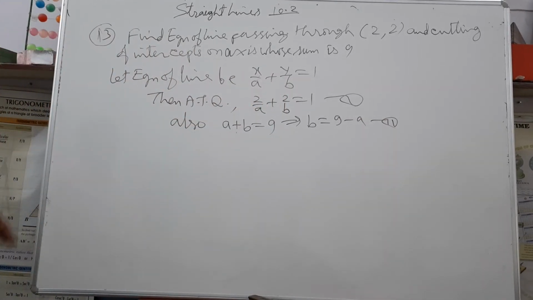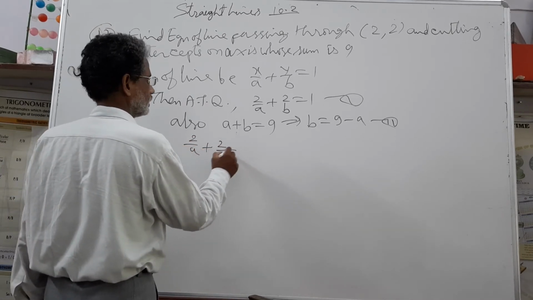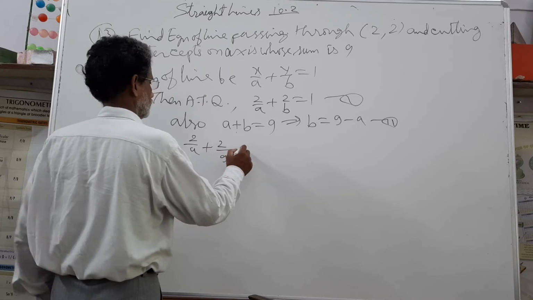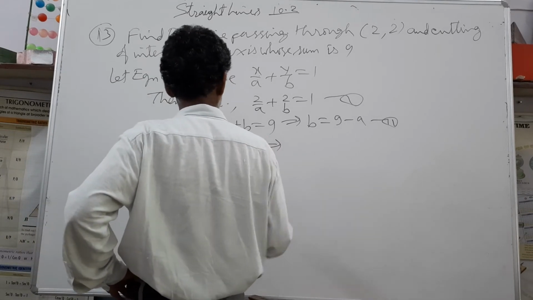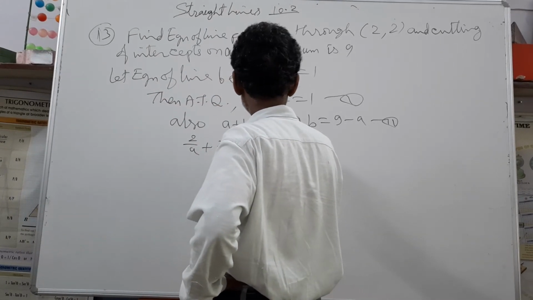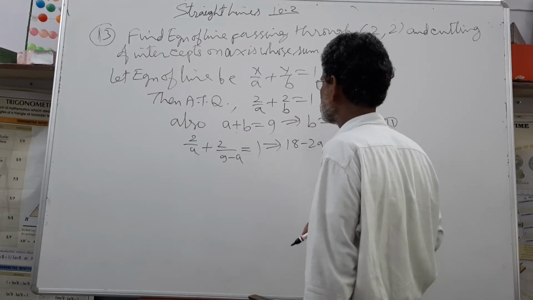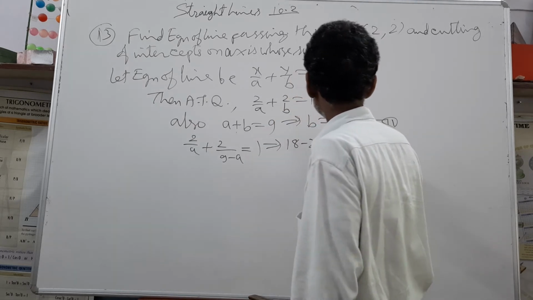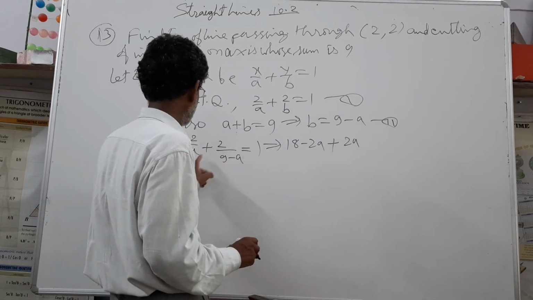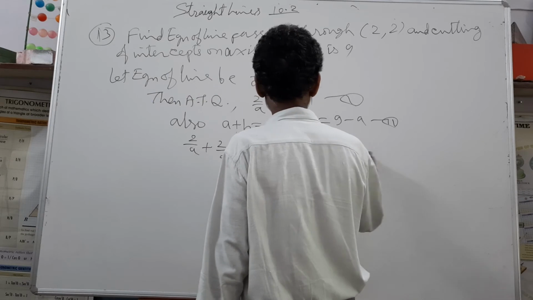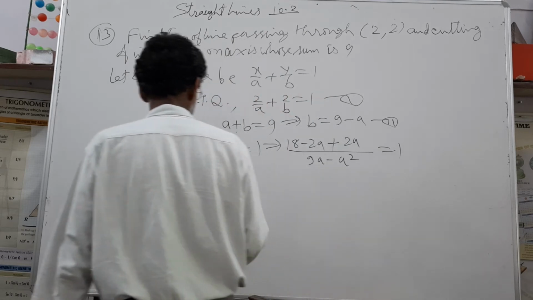Put the value of b in 1. 2 by a plus 2 by 9 minus a is equal to 1. This implies 18 minus 2a plus 2a, that is 18 minus 2a plus 2a, divided by 9a minus a square is equal to 1.